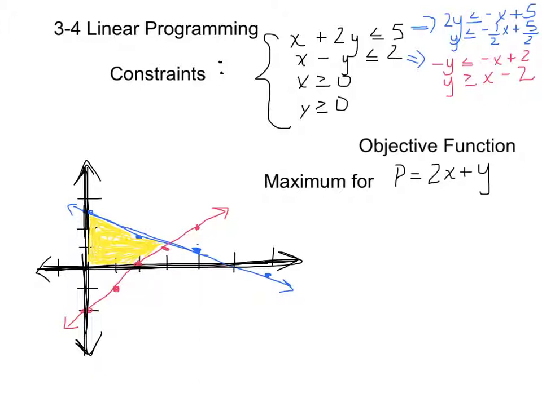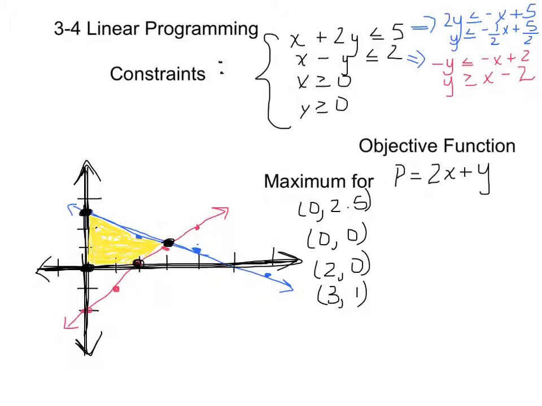So I have 1, 2, 3, 4 vertices. That would be (0, 2.5), (0, 0), (2, 0), and (3, 1).